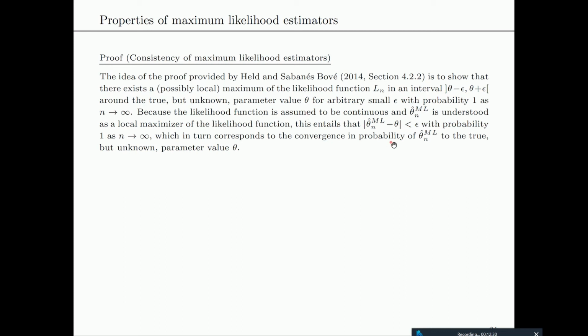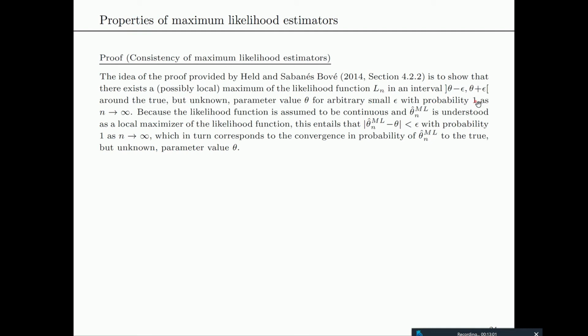Maybe I shouldn't use this epsilon here. No, I can use this epsilon because it's based on the epsilon-delta criterion of continuity, that the values in the value space of the function get arbitrarily close, and at the same time the values in the input space of the function get arbitrarily close.